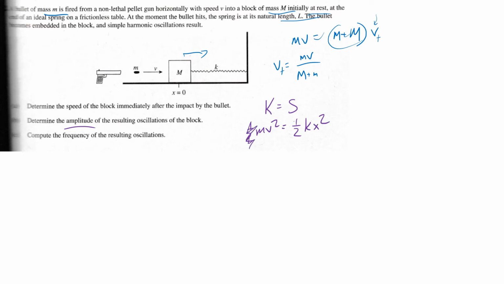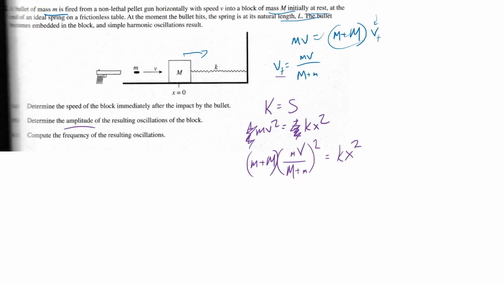Cross out the 1/2. The mass of the whole enchilada is going to be m plus big M times v squared. V is this guy right there, mv divided by big M plus little m. That's squared, and that's going to equal k times x. We're solving for x.